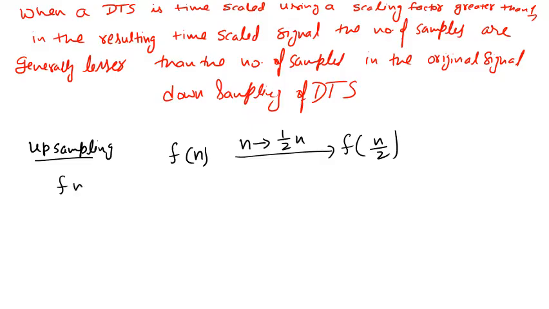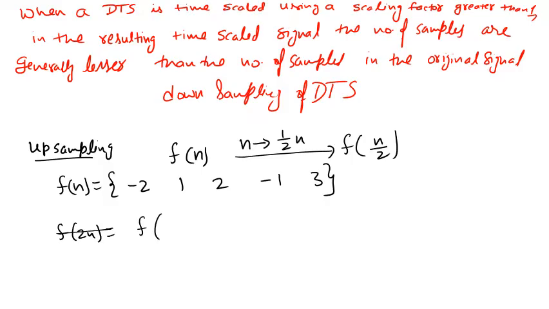Initially say f(n) is equal to -2, 1, 2, -1 and 3. So what would be f(1/2 n)?